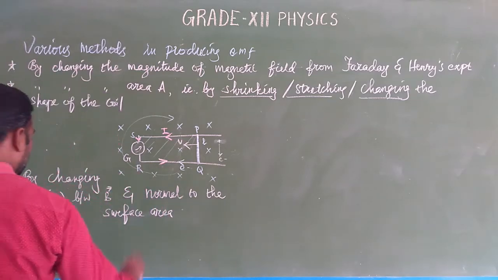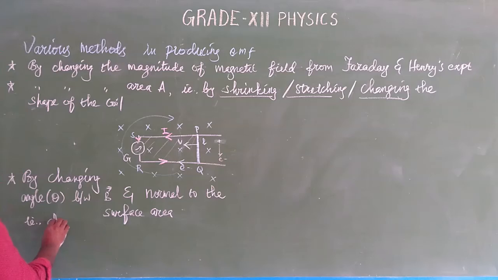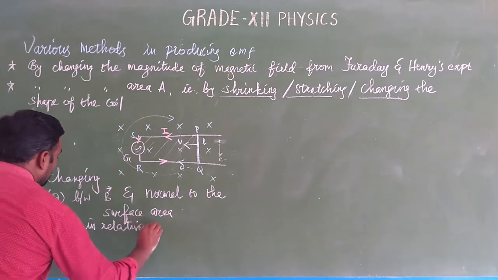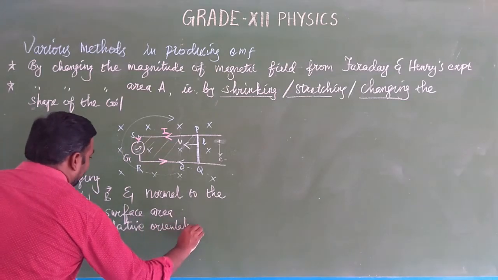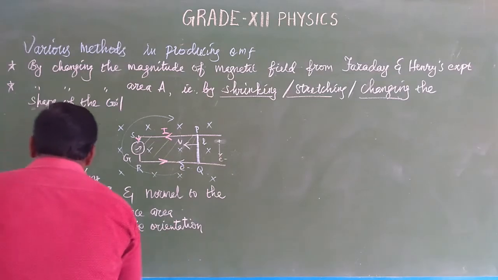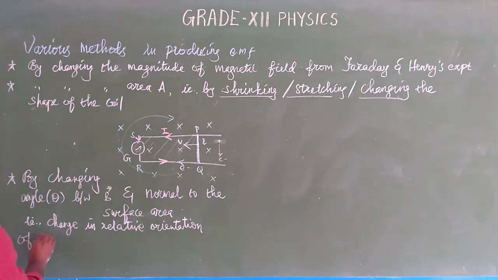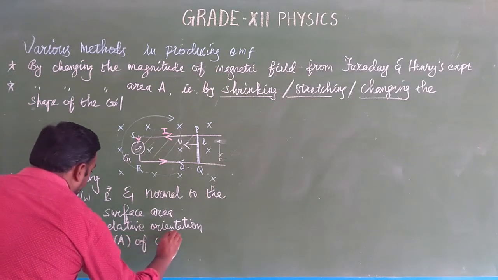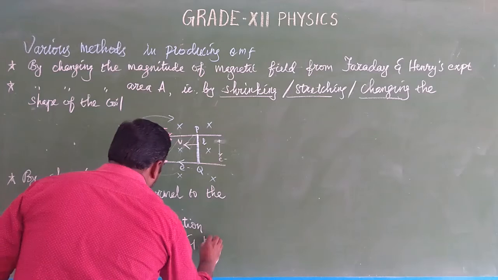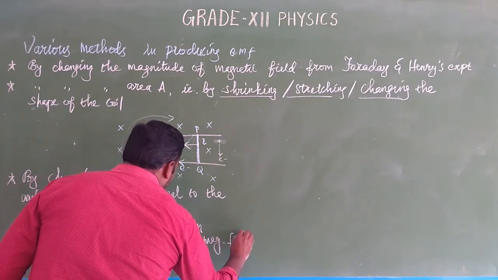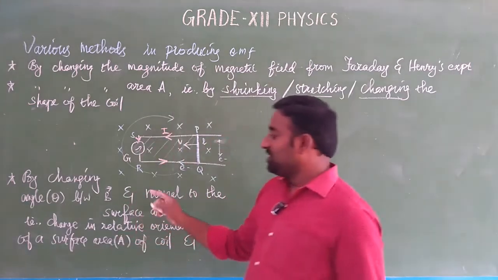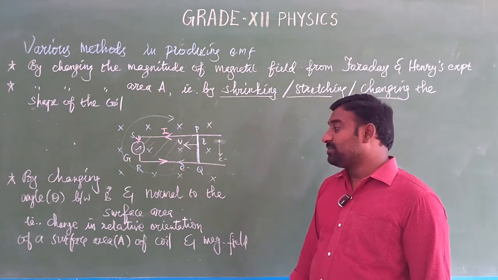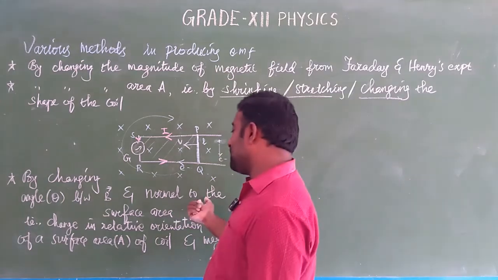That is, we can say a change in the relative orientation of the surface area A of a coil and the magnetic field in the region. So even we can change the angle between the magnetic field and the normal to the surface area.